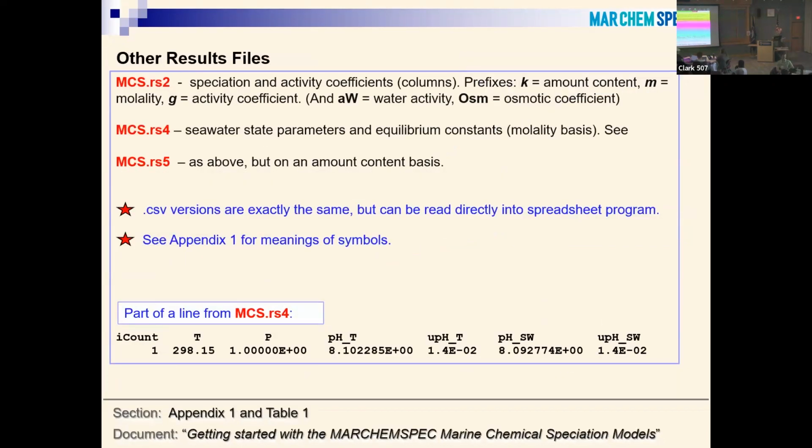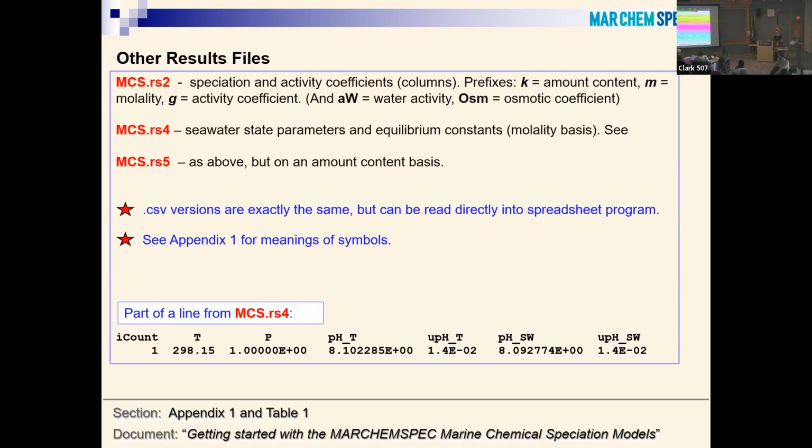So I can summarize what's in the other results files fairly simply. MCS.RS2, that's the speciation and activity coefficients in columns. Prefix K to some ion symbol means amount content. Prefix M is molality. Prefix G is activity coefficient. AW is water activity. OSM is osmotic coefficient.